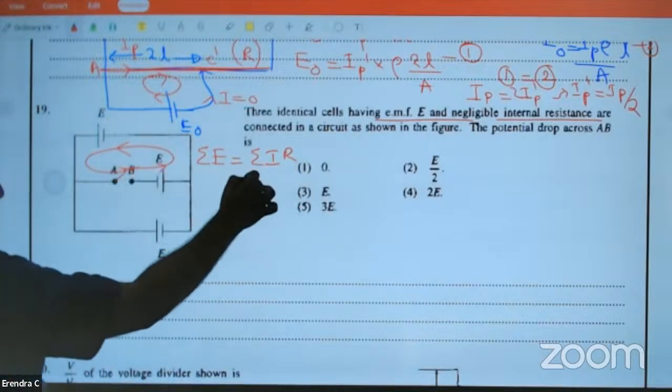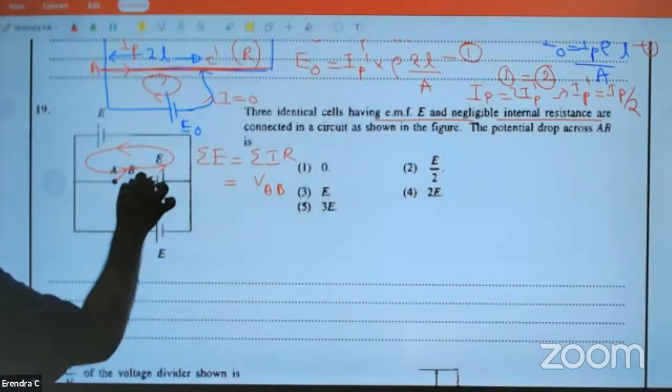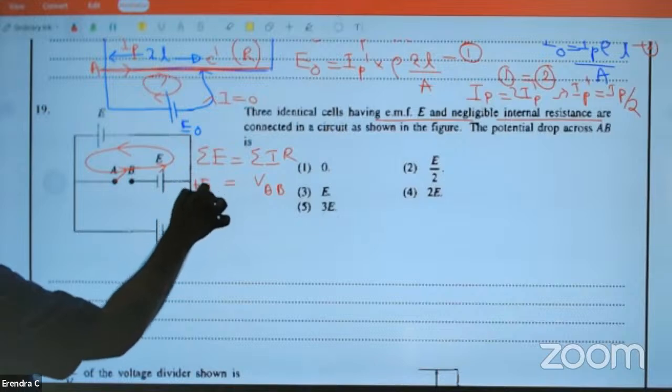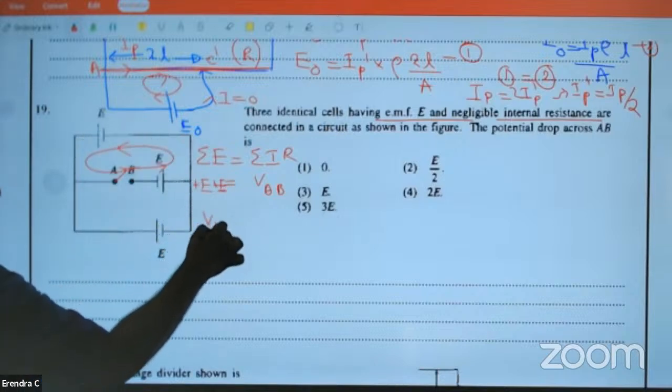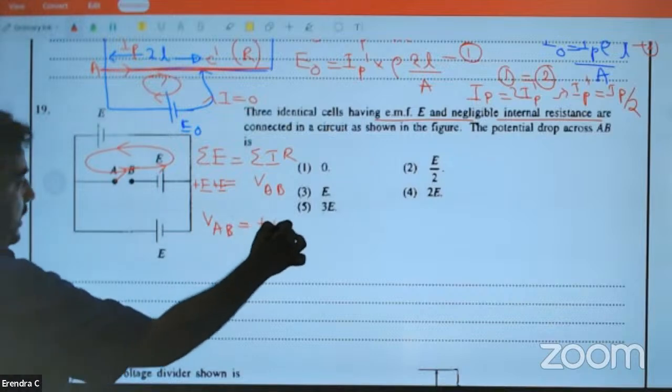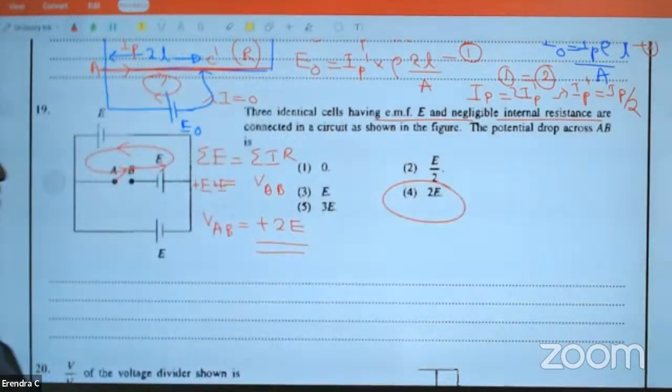A to B means VAB, the potential difference. The loop is going from minus to plus, positive. VAB is equal to positive 2E. Positive 2E means answer number 4.